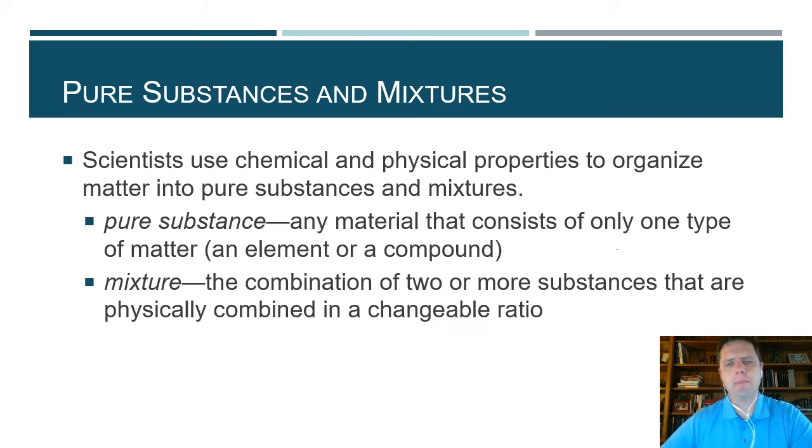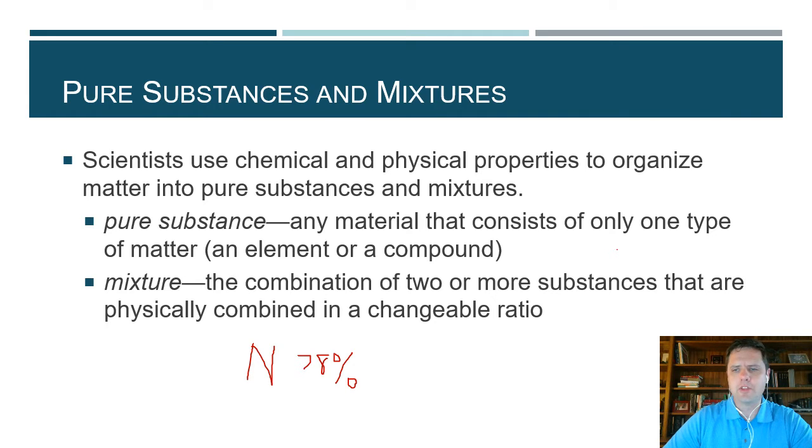A mixture is a combination of two or more substances that are physically combined in a changeable ratio. For example, the air that we're breathing right now is a mixture. It's a combination of several gases made up primarily of what? What gas is mainly in the air? Somebody know? It is nitrogen. Nitrogen makes up about 78% of the air that we breathe.